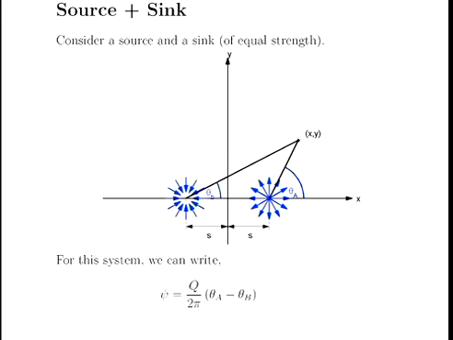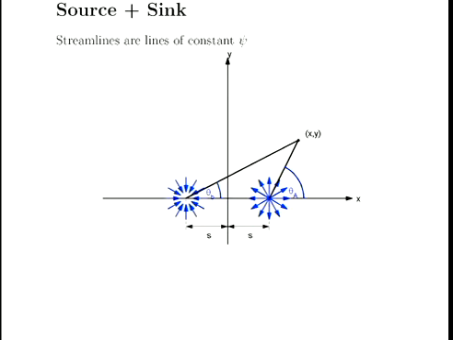Okay, so this now tells me that the stream function psi is just equal to q on 2 pi theta a minus theta b. Okay, and a line of constant stream function psi is going to define a streamline, all right? So I can just write that the equation for a streamline is some constant c is equal to q on 2 pi theta a minus theta b.